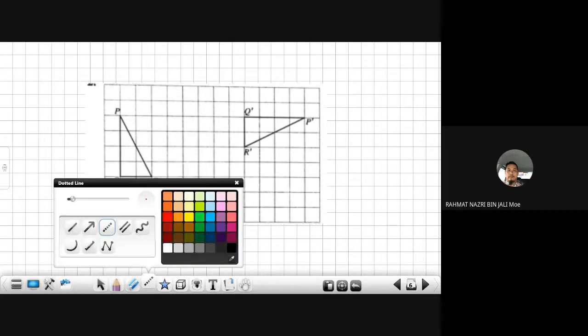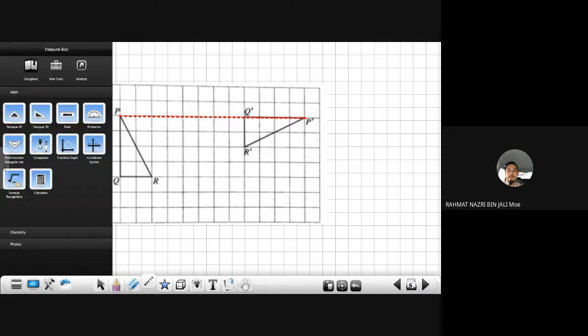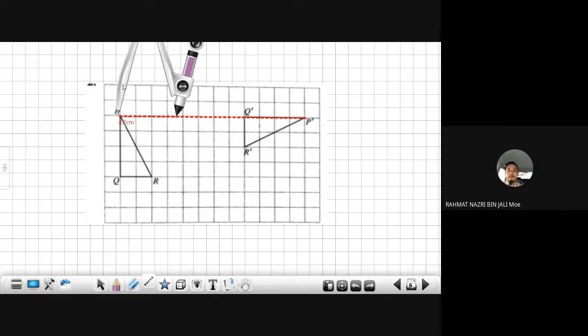Okay, pertama sekali kita connect P dengan P prime. Kemudian kita lukis perpendicular bisector at P. Okay, saya buka besar sikit, more than half.